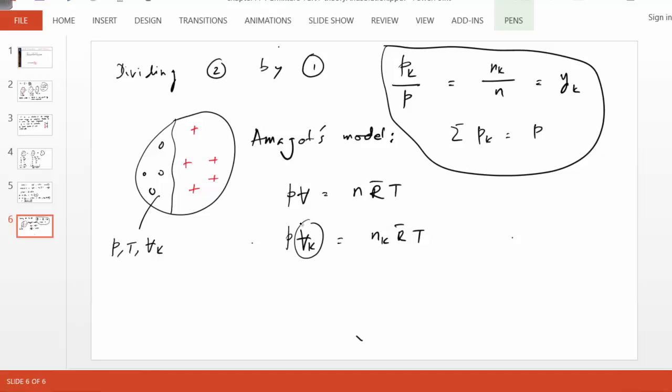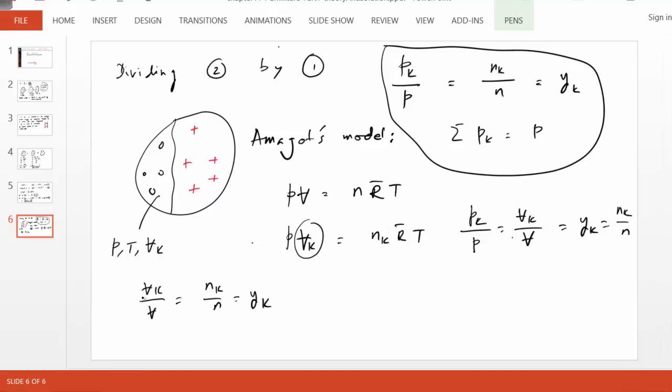and then you'll end up with the mixture that you want. And as you can see, if I divide the two, we get Vk over V equals Nk over N equals Yk. So this formula can be generalized, because then we can write Pk over P equals Vk over V equals Yk, which is Nk over N. So what is partial volume?